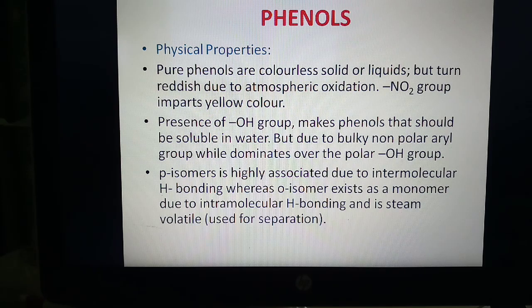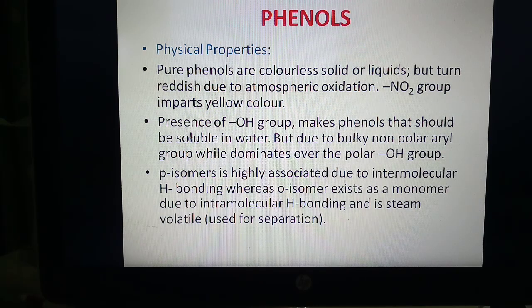But at the same time, there is a bulky nonpolar aryl group, that is C6H5, a very weighty one, which dominates over the OH group, and hence though there is the presence of the OH group in phenol, they are not soluble in water.